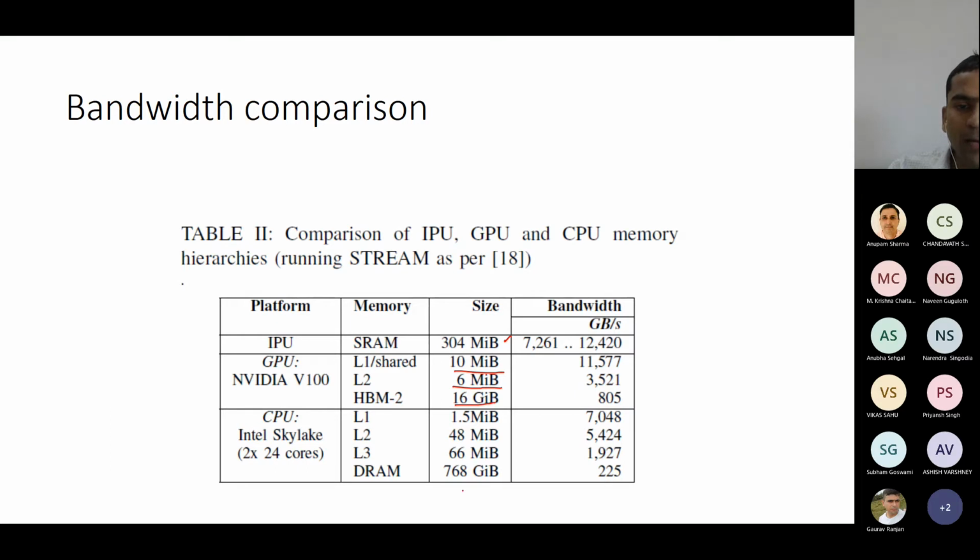Now on CPU, Skylake with 2 sockets, each having 24 cores, L1 cache is 1.5 megabytes, L3 cache is 66 megabytes, and this is 768 gigabytes. Now here you can see the total bandwidth is much higher, 12,420 gigabytes per second. Here it is 11,500. Here it is only 7,000.